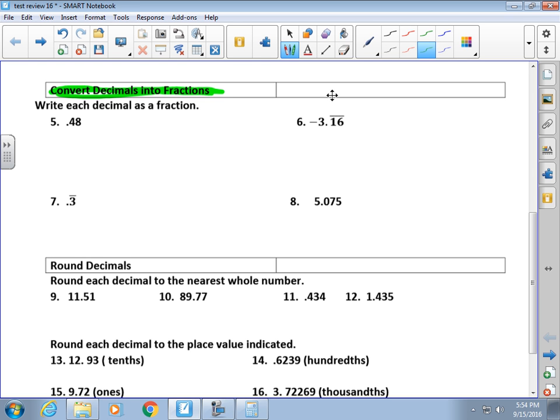First, if you're familiar with place value, the number right after the decimal is the tenths, and then it's the hundredths, and then thousandths, ten thousandths, hundred thousandths, and so on and so forth.